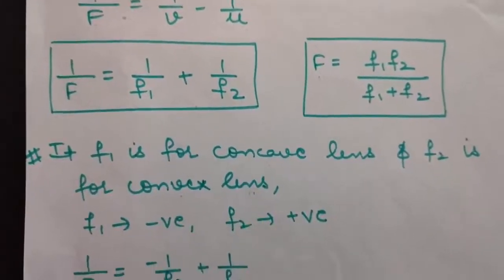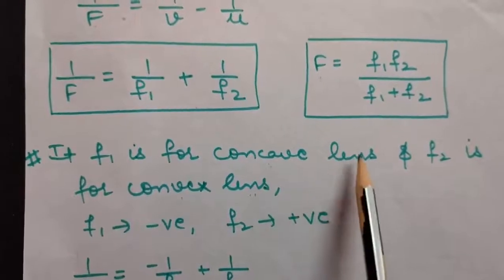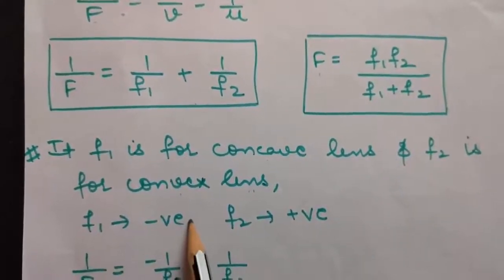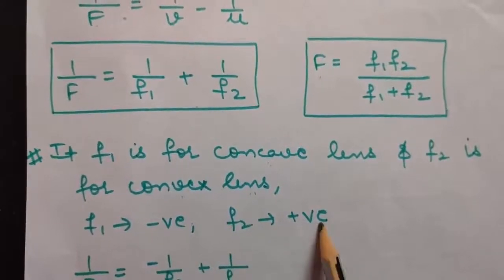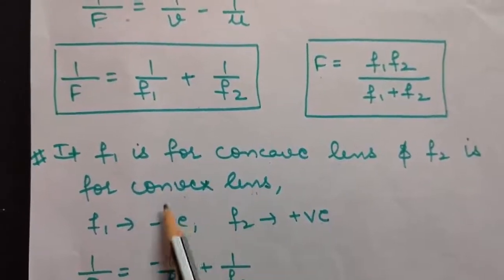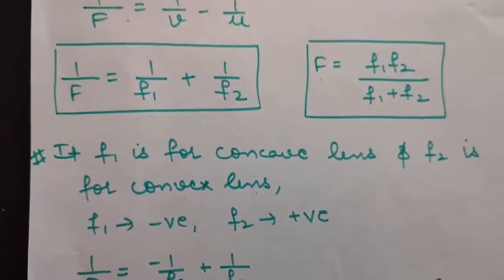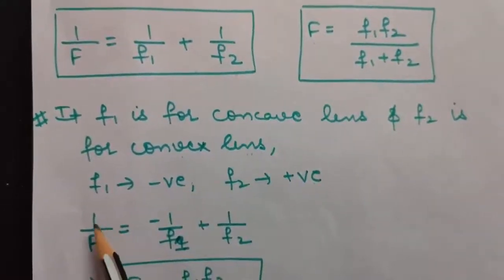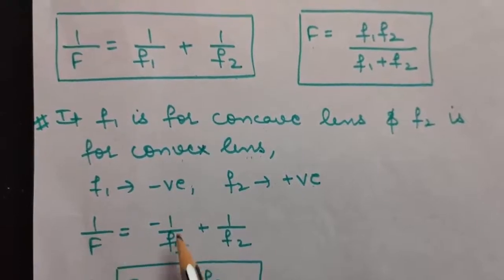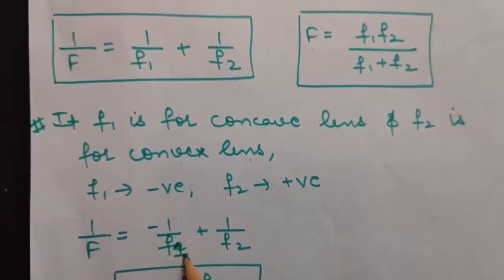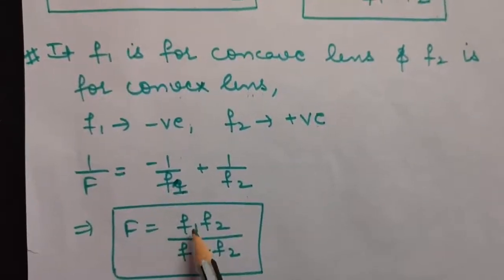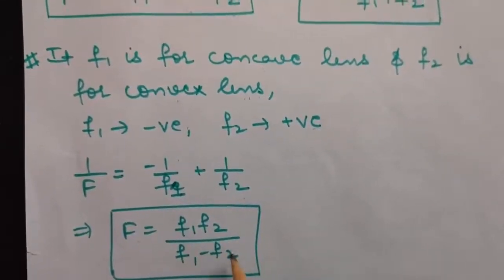Then you know the focal length of a concave lens is always negative. So F1 will be negative in that case and F2 will be positive because the focal length of a convex lens is positive. Now if you put these in, that will give you 1 upon F is equal to minus 1 upon F1 plus 1 upon F2, because F1 will be negative. So F will come to be F1 F2 upon F1 minus F2.